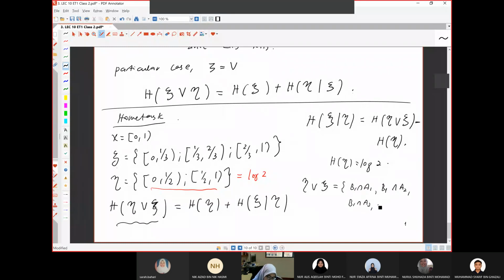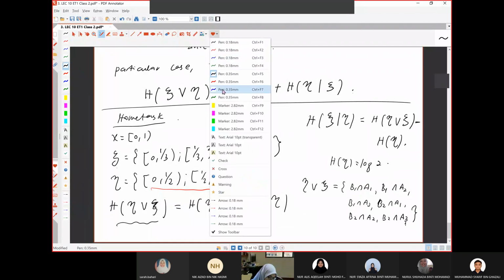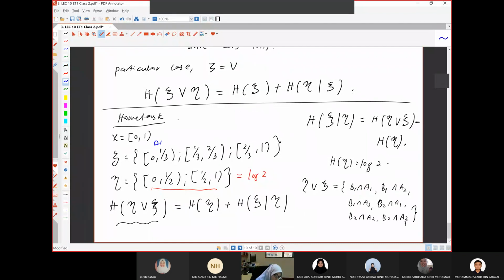And then you have B2 intersect A1, B2 intersect A2, and B2 intersect A3. Then you can find all the possible values. Let this one be A1, A2, A3, and this one B1, B2.